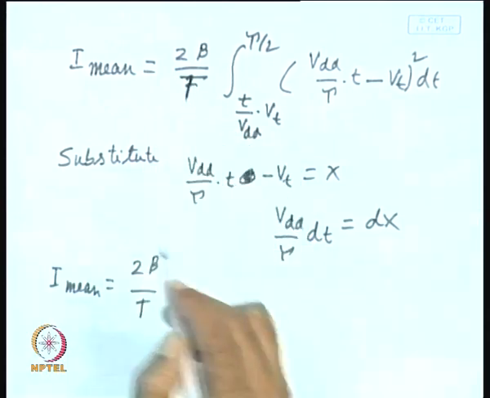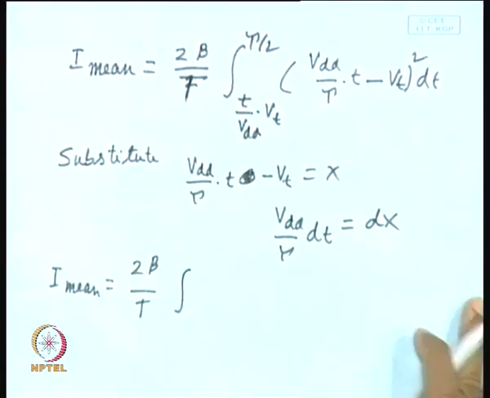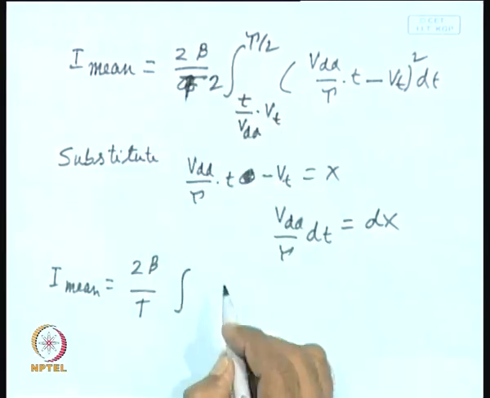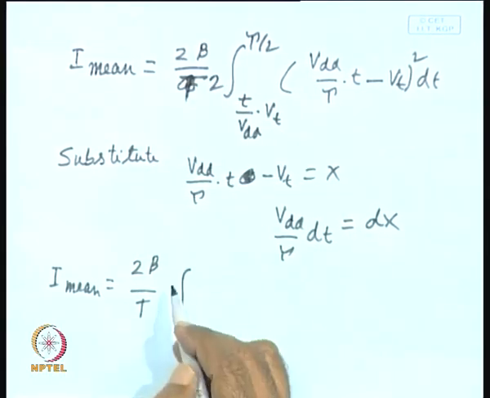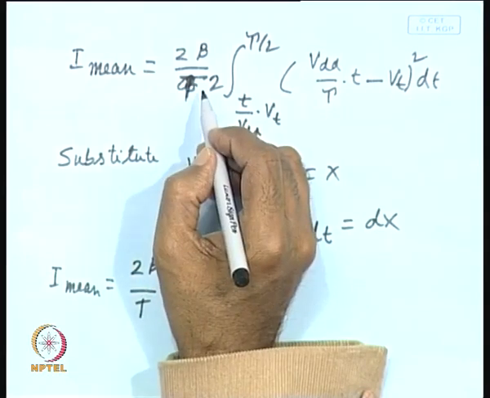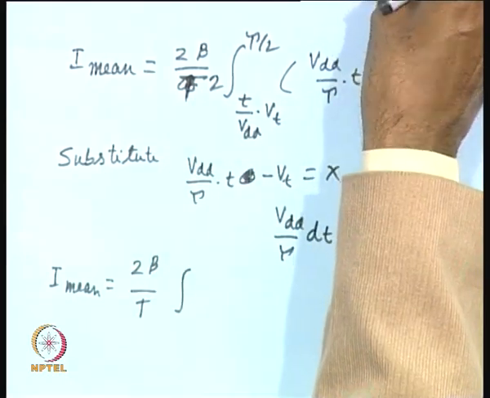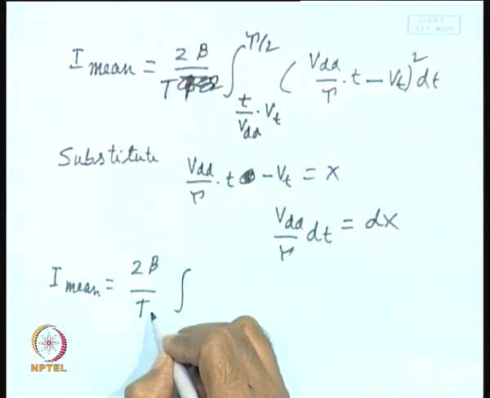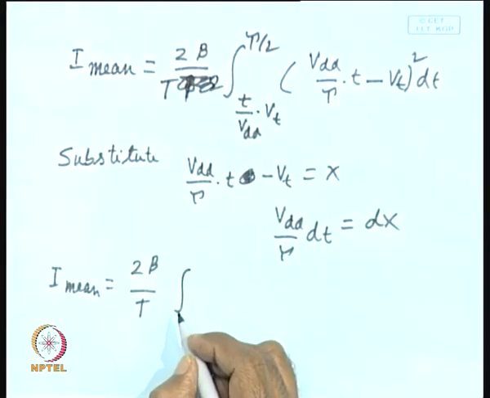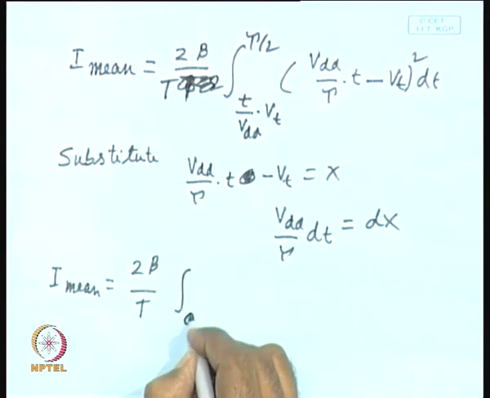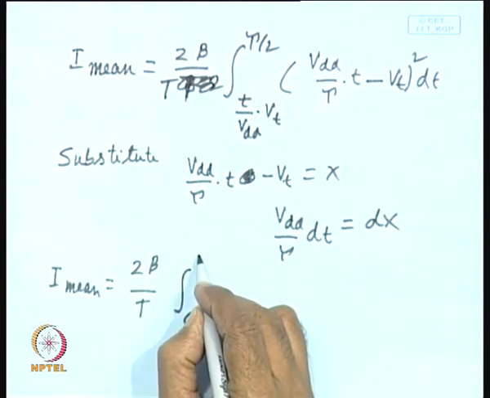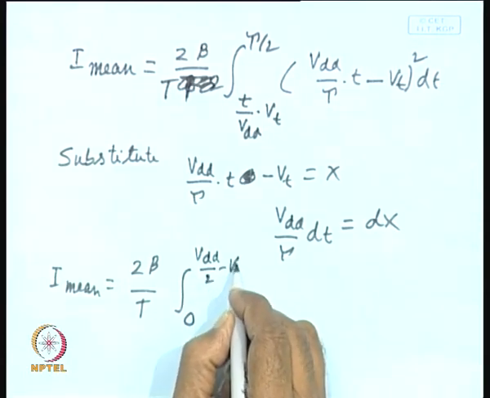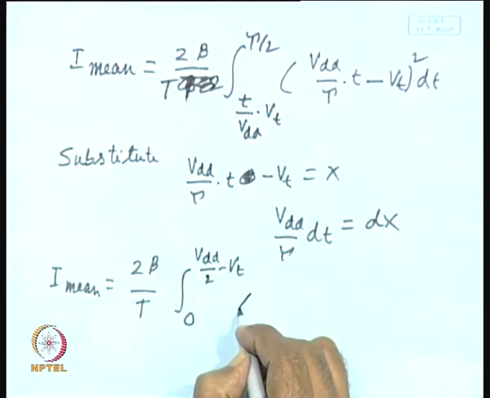So, that has come from this expression 2 beta by tau, that average value will be t only. So, 2 beta by t into, here it will go from 0 to VDD minus 2 Vt x square.